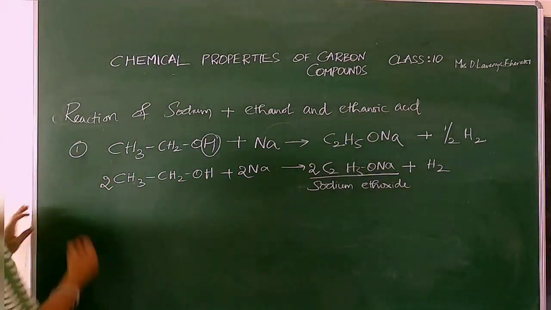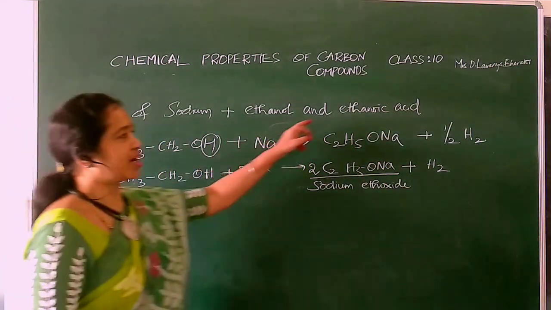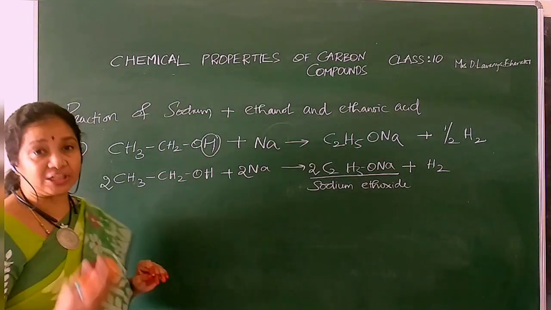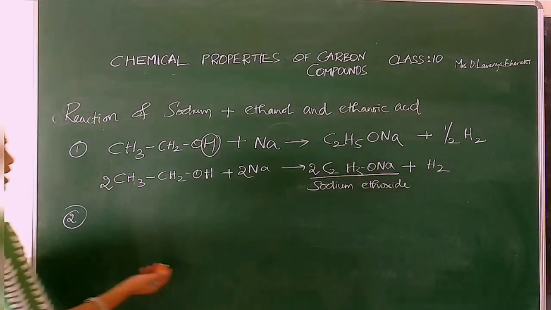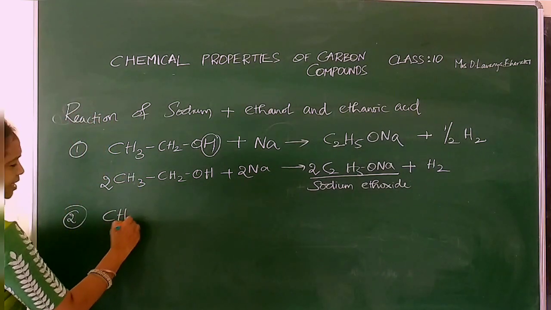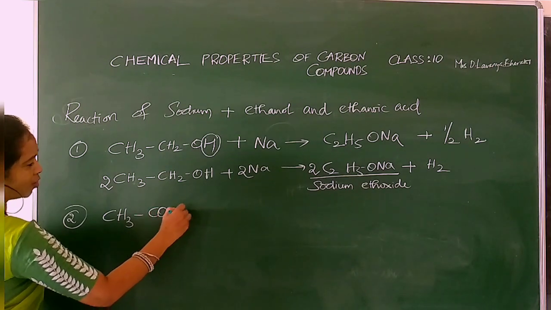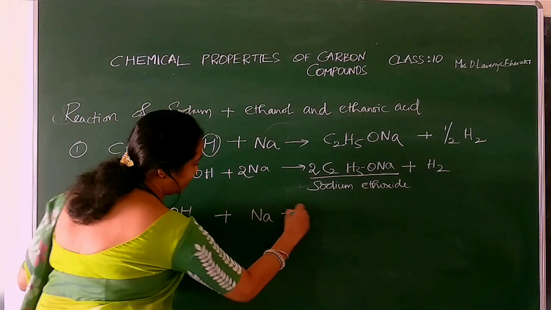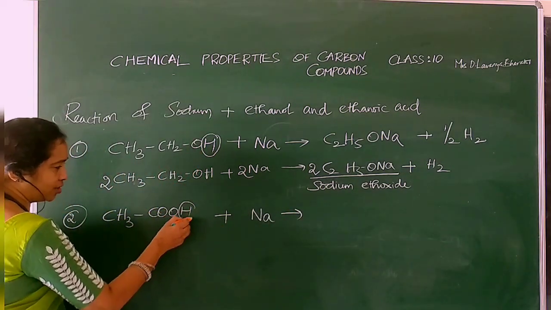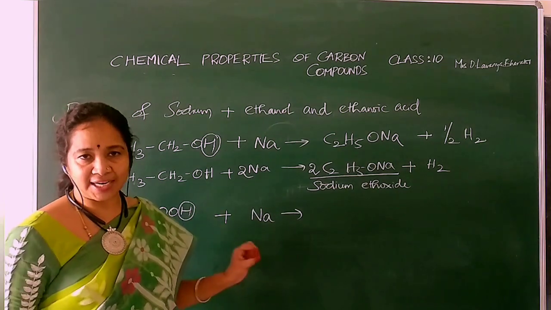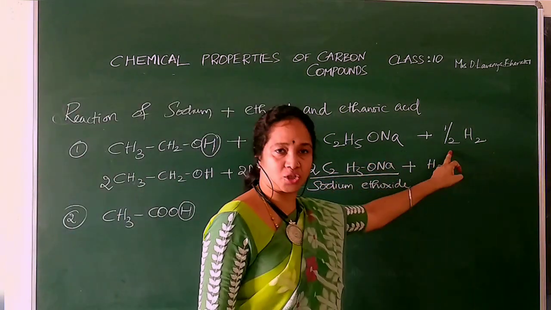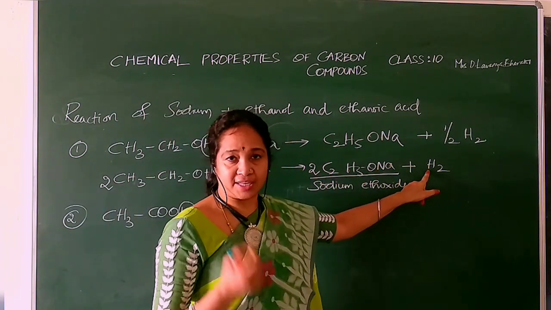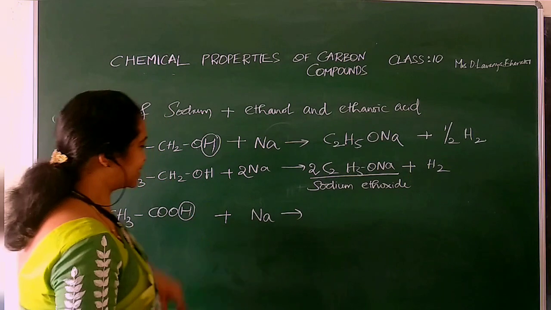Right. Then in the second case, when ethanoic acid is taken, there also hydrogen gas is produced, but the sodium ethanoate salt is produced. You know the formula of ethanoic acid, CH3COOH. This ethanoic acid, when it is treated with sodium, in this case also the hydrogen is removed. If you want to write that hydrogen, you can write it as half H2, that is hydrogen atom, or if you want to make it dihydrogen, that is the gaseous state, then you have to balance the reaction.